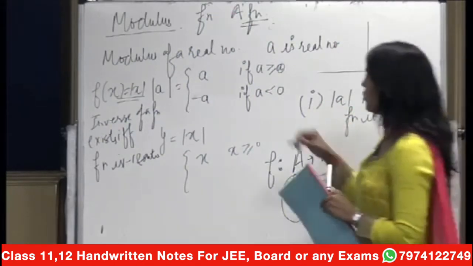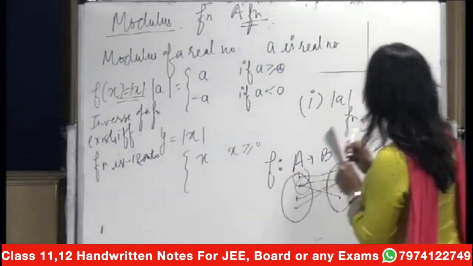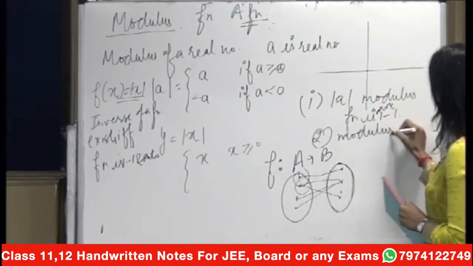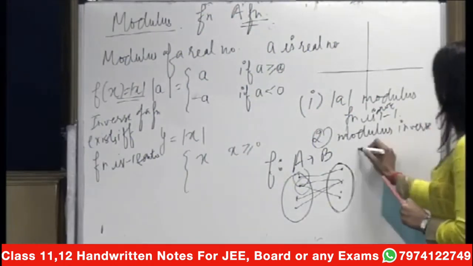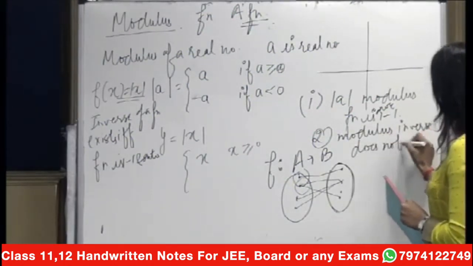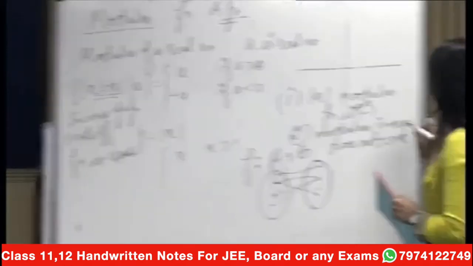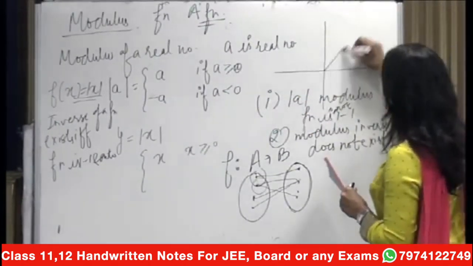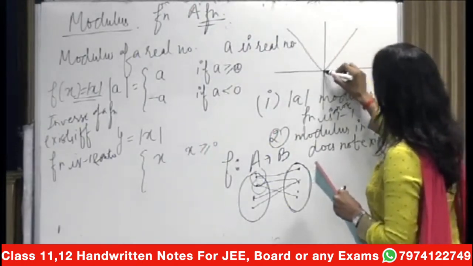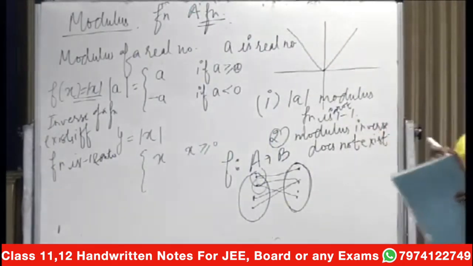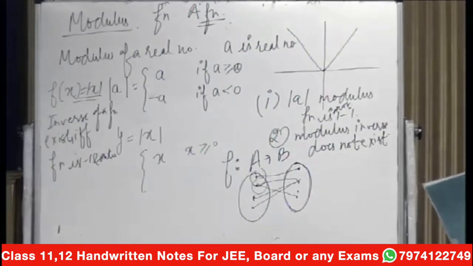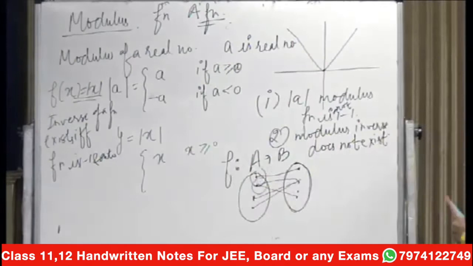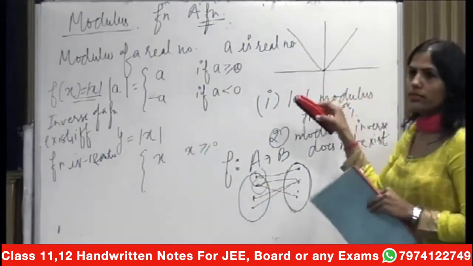Is it okay? You can write it down. Number 2: modulus function, inverse doesn't exist. Now mod x function, all of you know it. I don't know if you have crammed it or you know how to draw it. This is not 1-1.